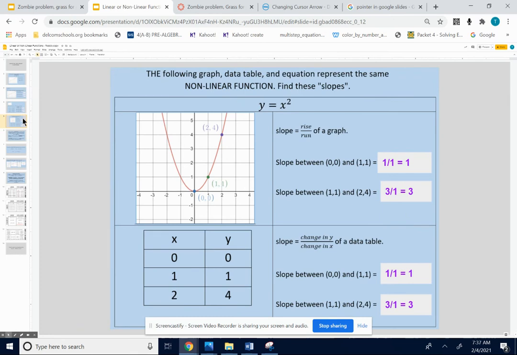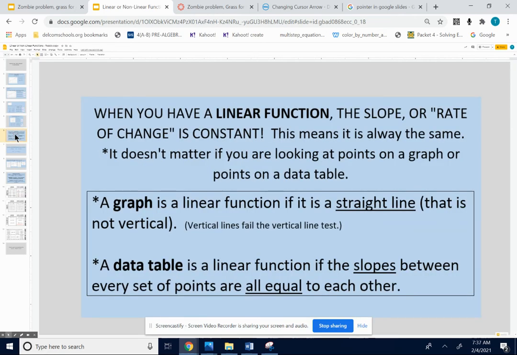But when we looked at a nonlinear function, which doesn't make a line, we got different slopes. So the first thing I want you to know, when you have a linear function, the slope, sometimes called rate of change, is constant. That's always the same. It doesn't matter if you're looking at points on a graph or points on a data table.